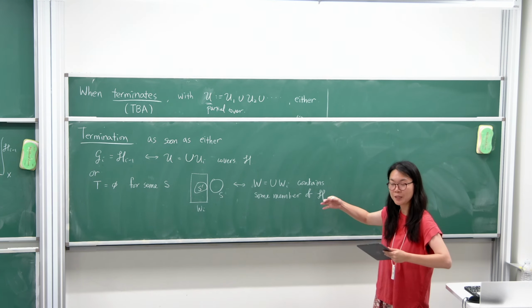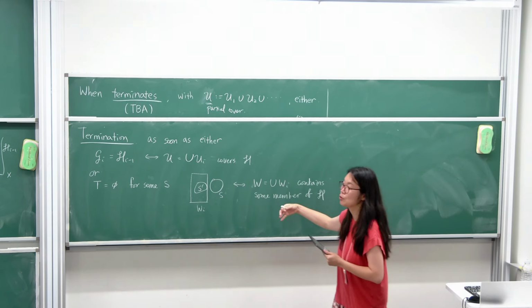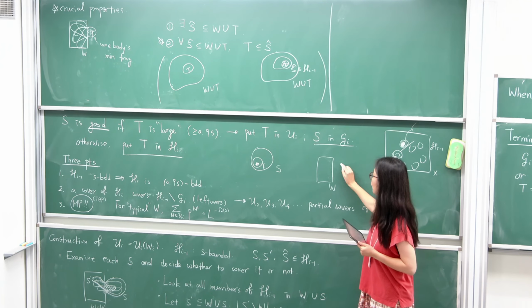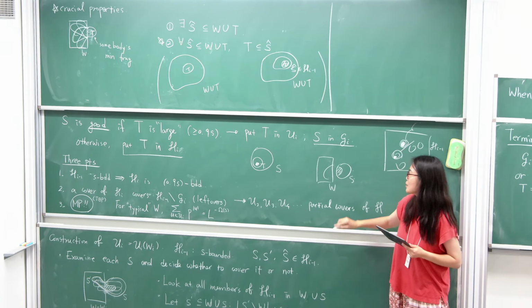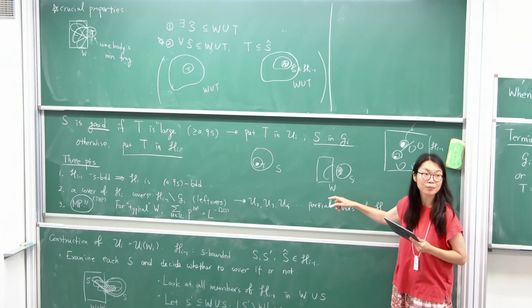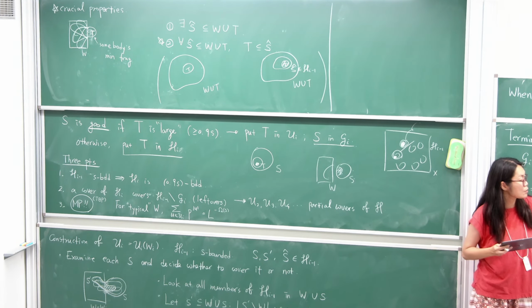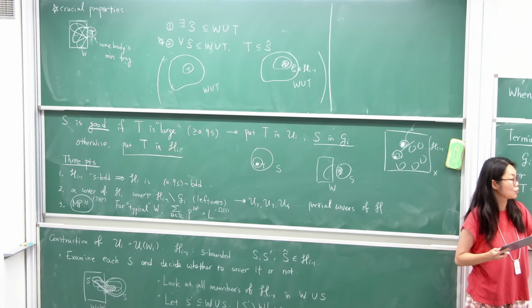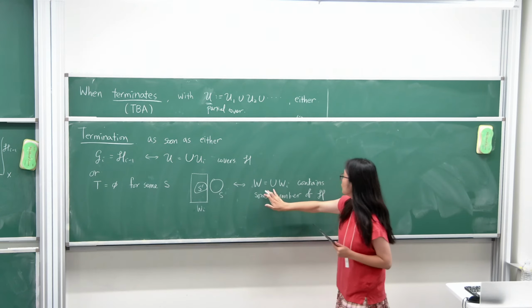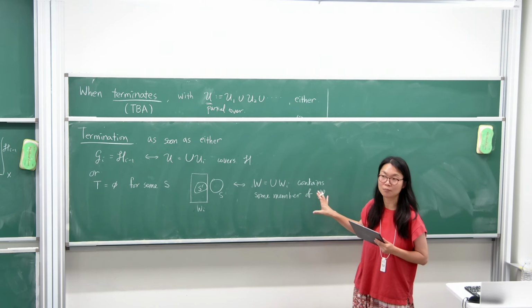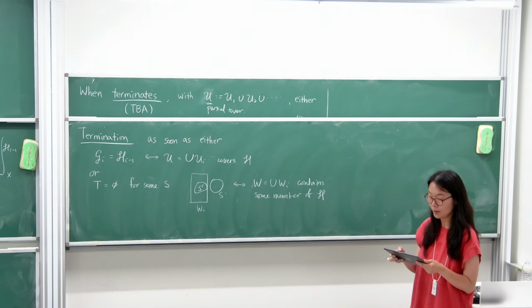Because each time we shrink our S, and the way we shrink that is, here we have this W, and we have this S, and we replace S by its minimum fragment. So that means the rest of this minimum fragment is already contained in some W. So if this happens, the rest of S prime is already contained in the union of W_i. So this corresponds to W containing some member of H. So this is the second output, which is the desired conclusion.